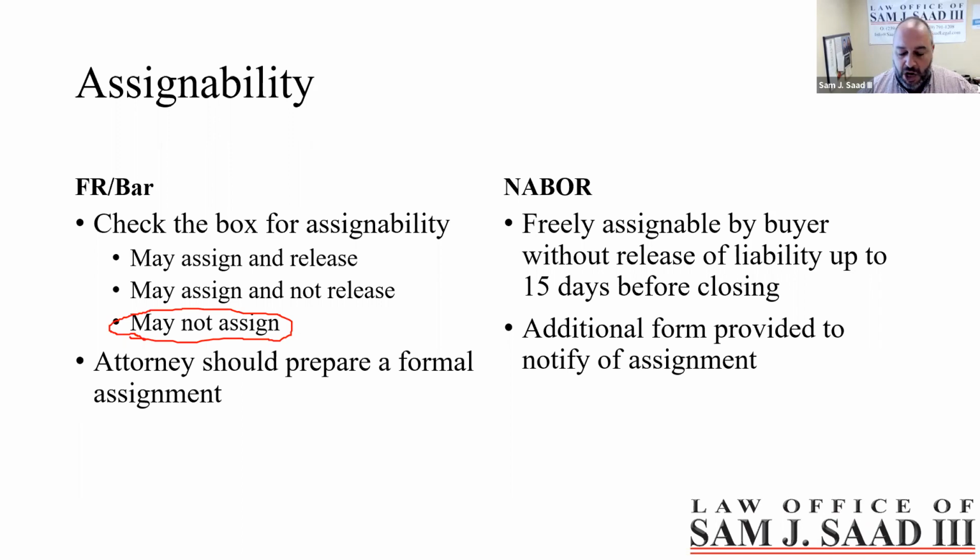So if you've got a buyer who's going to be putting the property in an LLC or a trust, or buying for a child, or some other reason to assign the contract, a flip, maybe they're flipping the contract, then you want to make sure you check the appropriate box in the FARBAR, or you're not going to be able to do that.